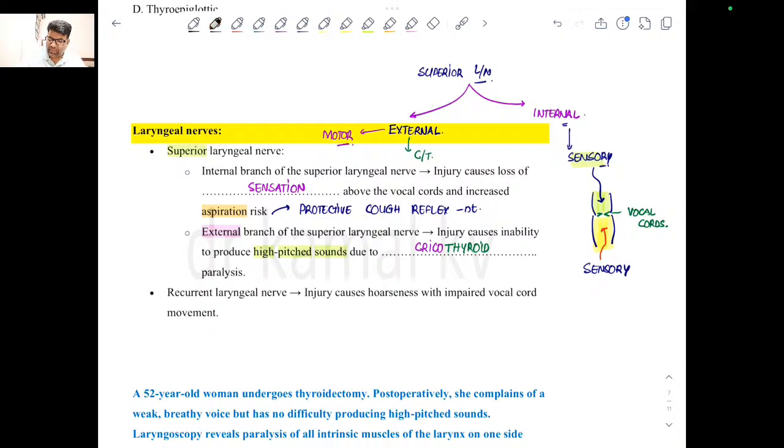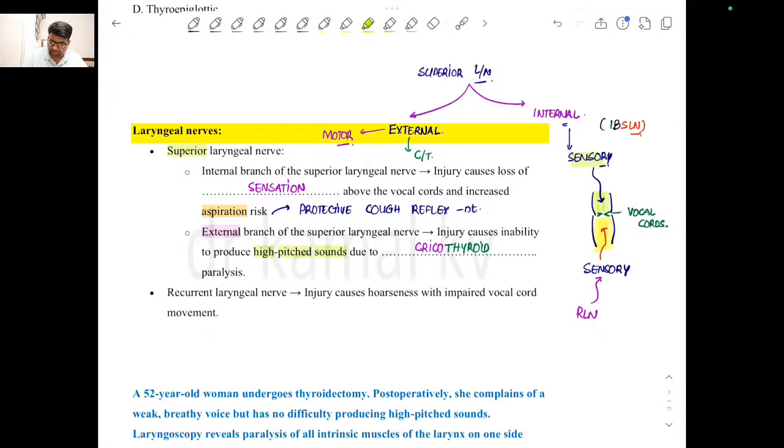So below is the recurrent laryngeal nerve. Very good. So below the level of vocal cord, it is the recurrent laryngeal nerve.